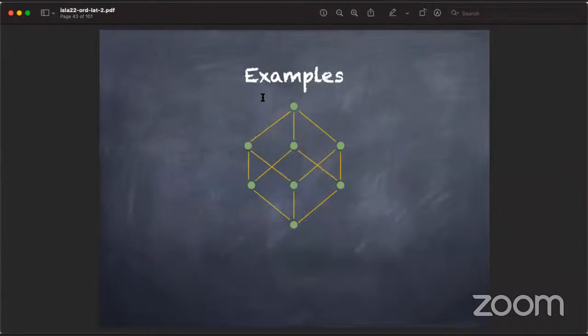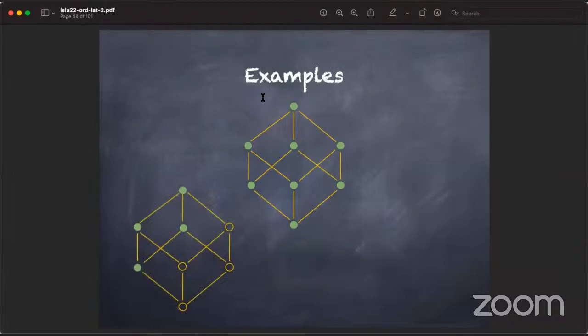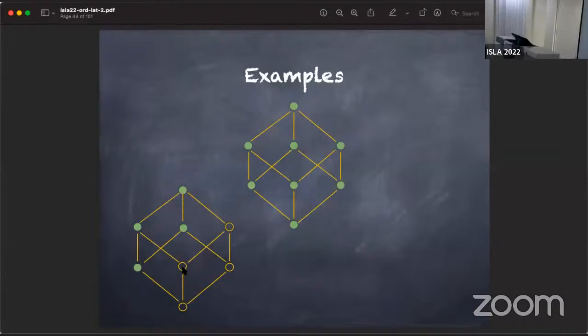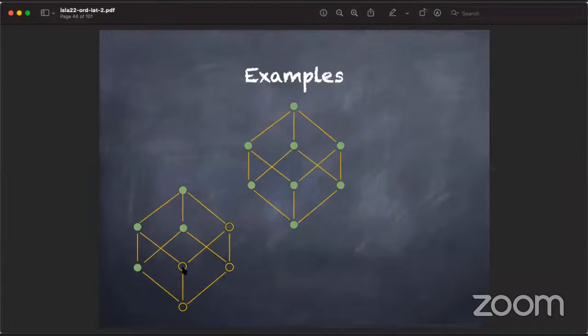Once again, an example. If you consider this lattice, consider this subset. Does it form an ideal? The unshaded one. Yes, ma'am. Join has to be there and everything less than that has to be there.